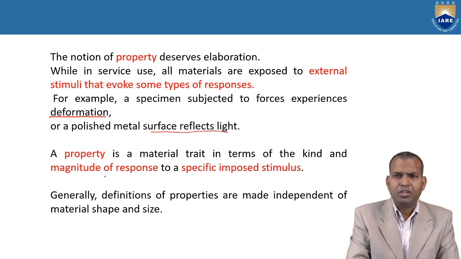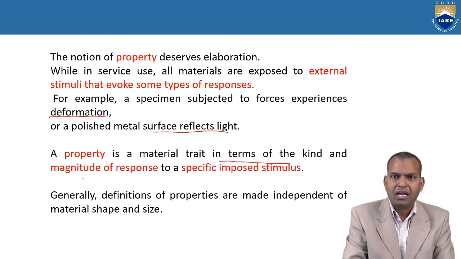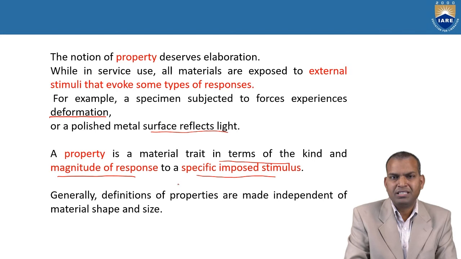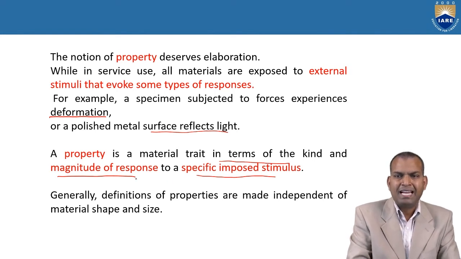So, in overall view, how can we define a property? A property is a material trait in terms of the kind and magnitude of response to a specific imposed stimulus. This specific imposed stimulus is called the external stimulus, and the response has a certain magnitude.